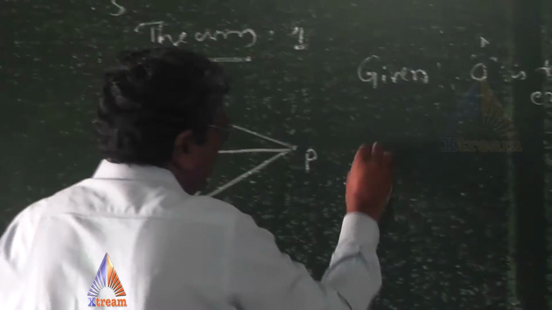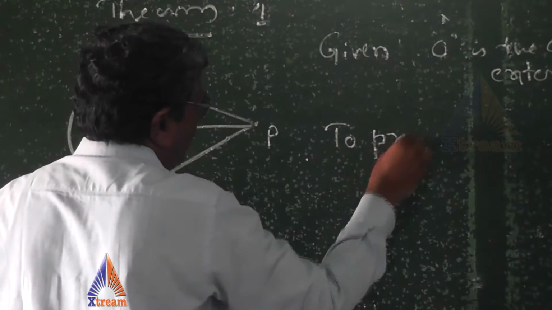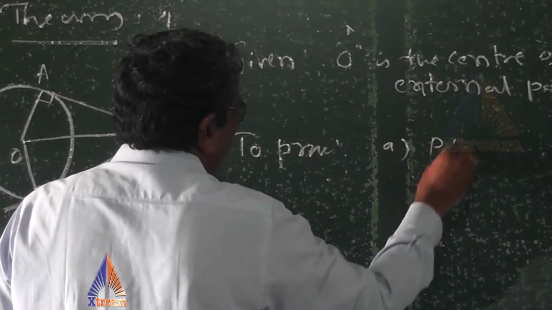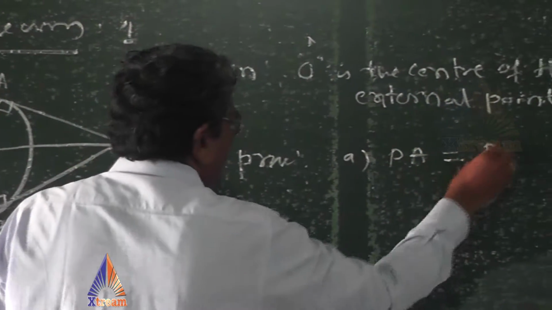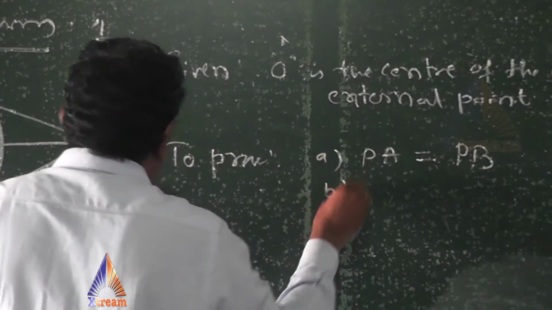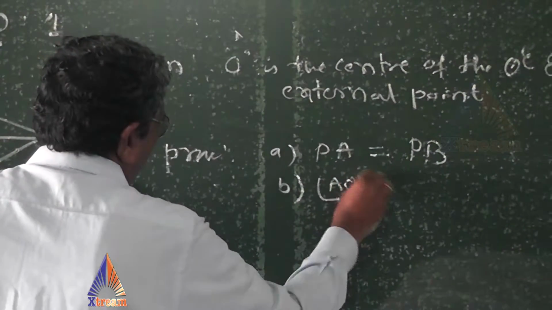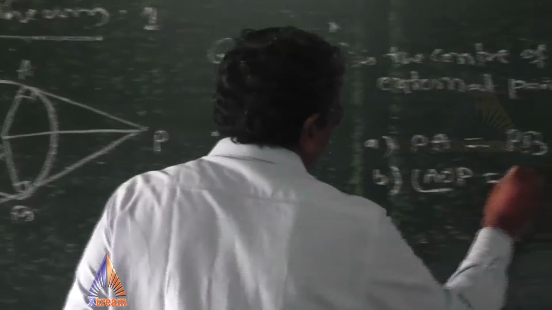To prove: number one, PA is equal to PB. Second, angle AOP is equal to angle BOP.